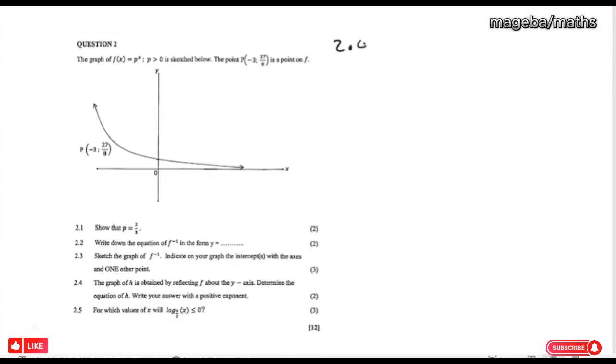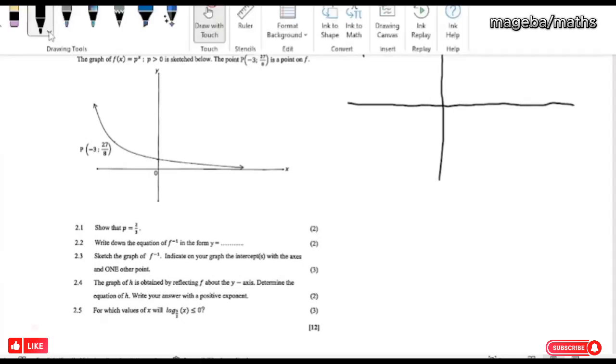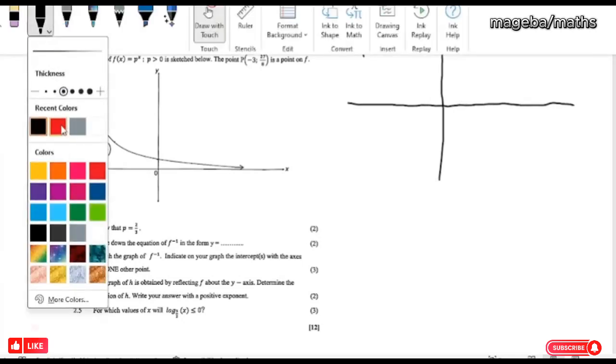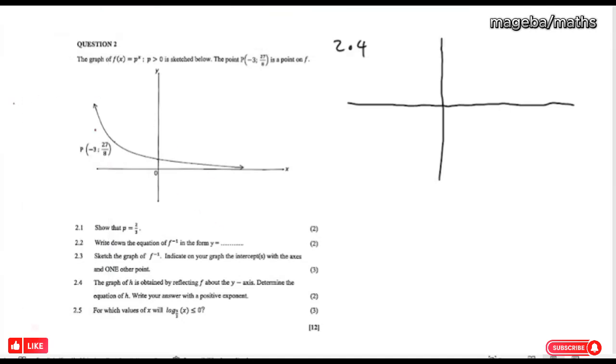This is going to be my Cartesian plane. I'm just going to draw it with another color. So now this is my f of x. So now my inverse is going to look like this.